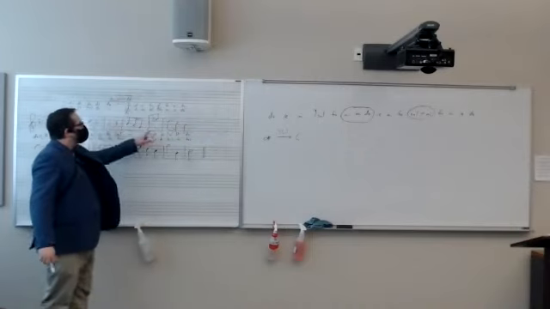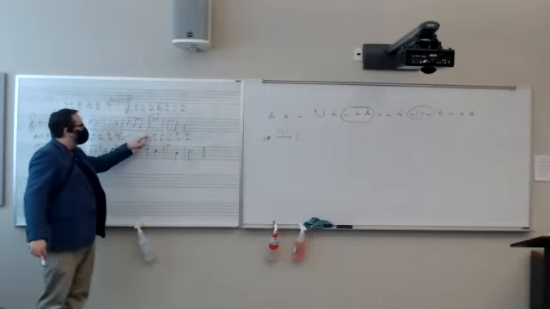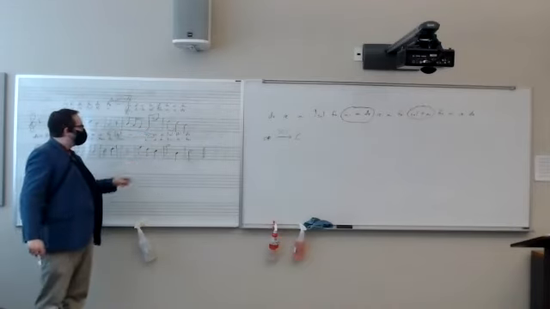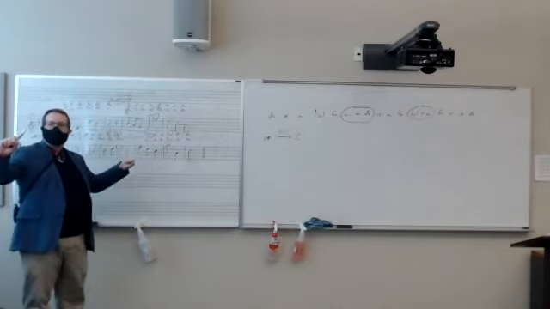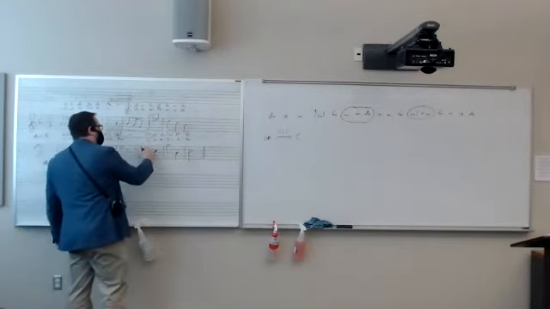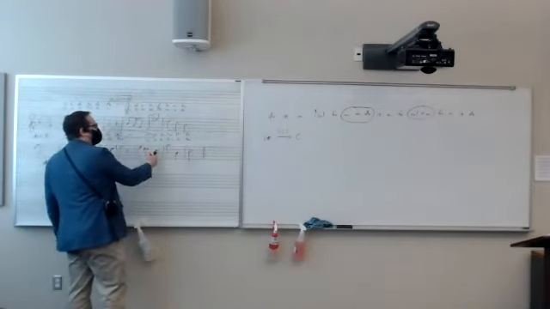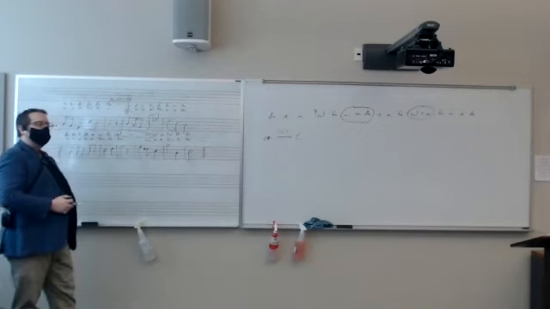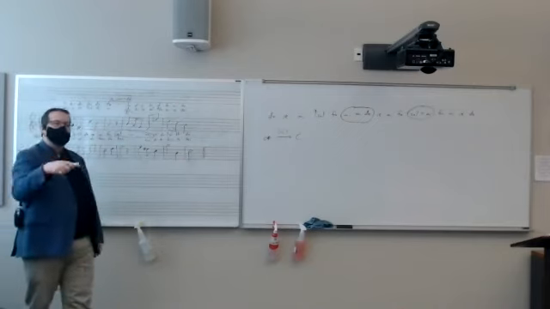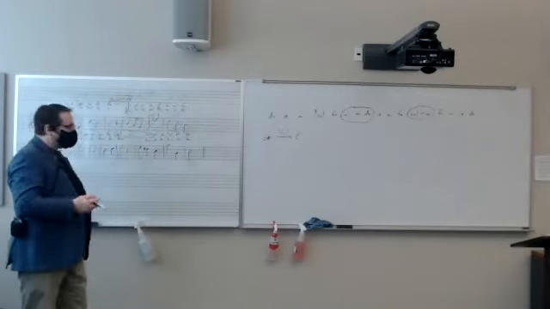If you don't want to think about the keys, think about our intervals. Mi to re is a half step, so G to F sharp, and then re to do is a whole step, so F sharp to E. Yeah, so we're in E minor.